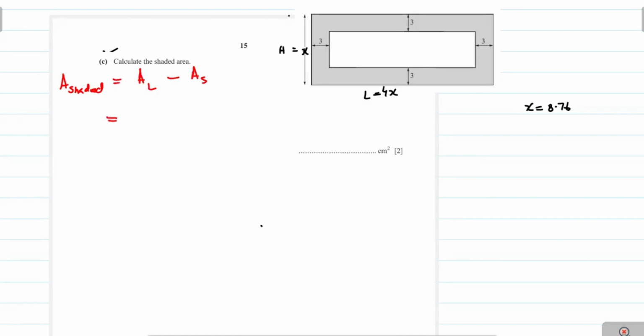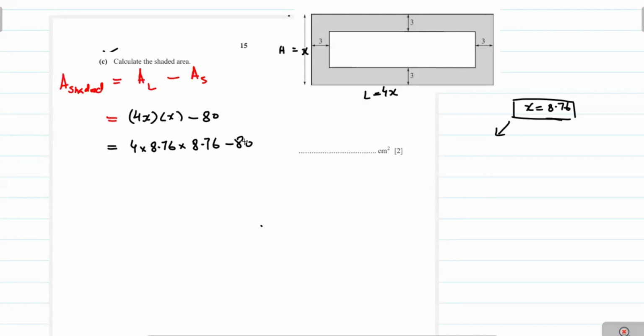The area of the large rectangle here is length multiplied by height, 4x multiplied by x, minus the area of the small rectangle, which is 80 centimeters squared, given in part A. The value of x is 8.76. We write here 4 into 8.76 multiplied by 8.76 minus 80.